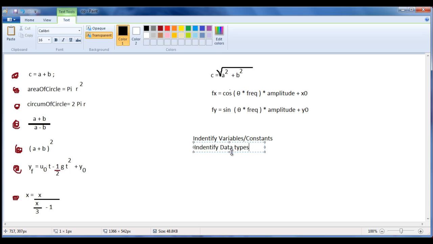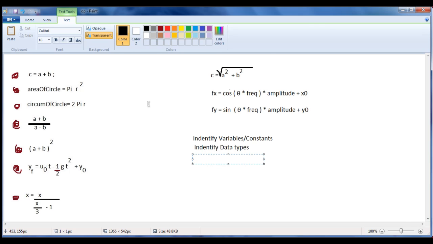After that, once you identify the data types, next you are going to convert these formulas into code.